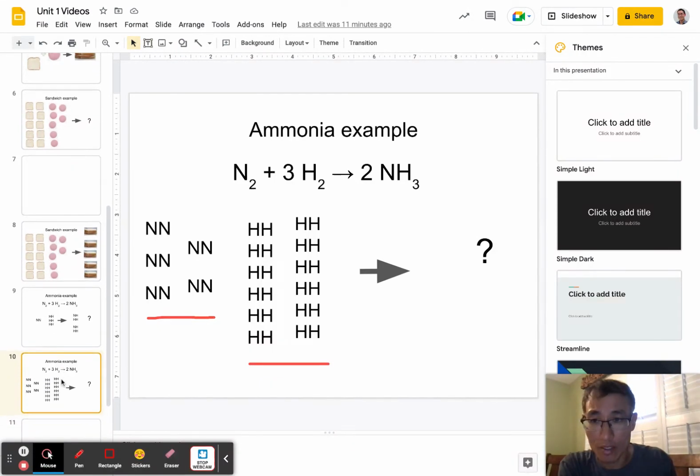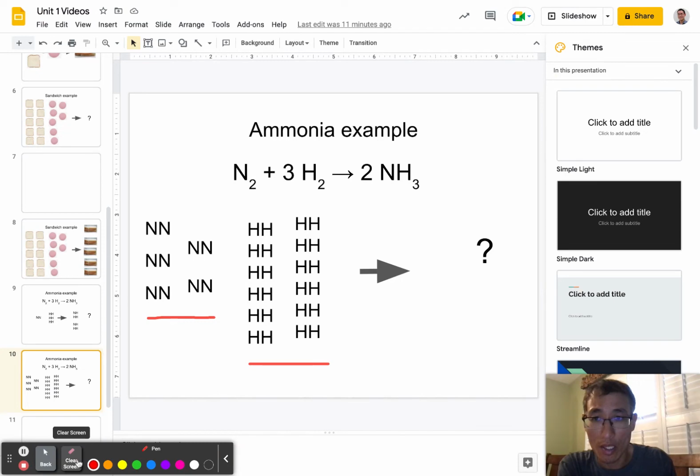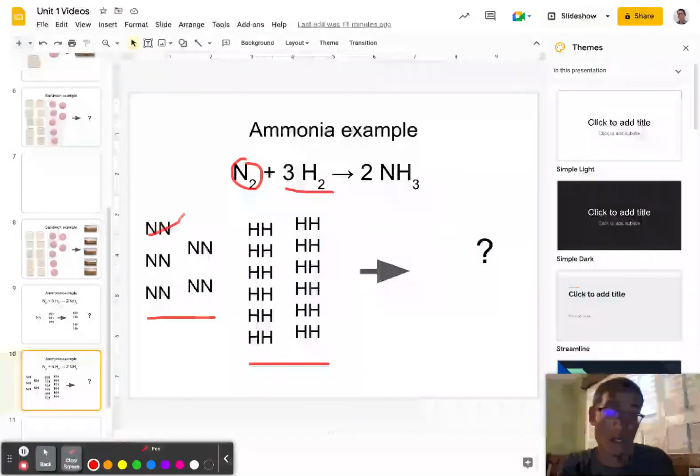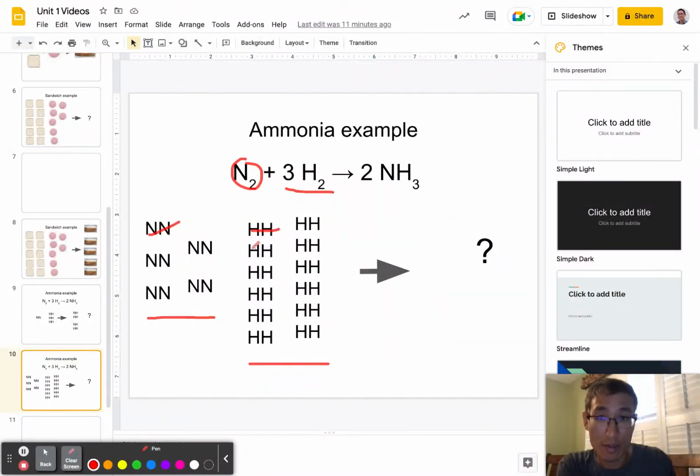And let's go and figure it out. So I have N2, and remember, it reacts with 3H2. So let's say I take an N2, one of these, and it's going to react with 3 H2s. So 3 of these are gone. And then I take another one, and I react with another 3.